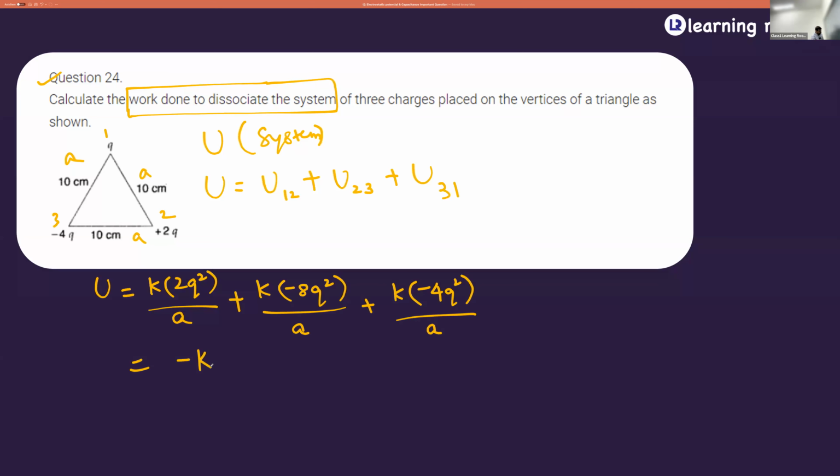So minus 10 times KQ square divided by A is going to be the answer. Had you known the value of charges, and here, of course, you know the distance, you could have substituted and calculated the final value. Okay? Make a note of it.